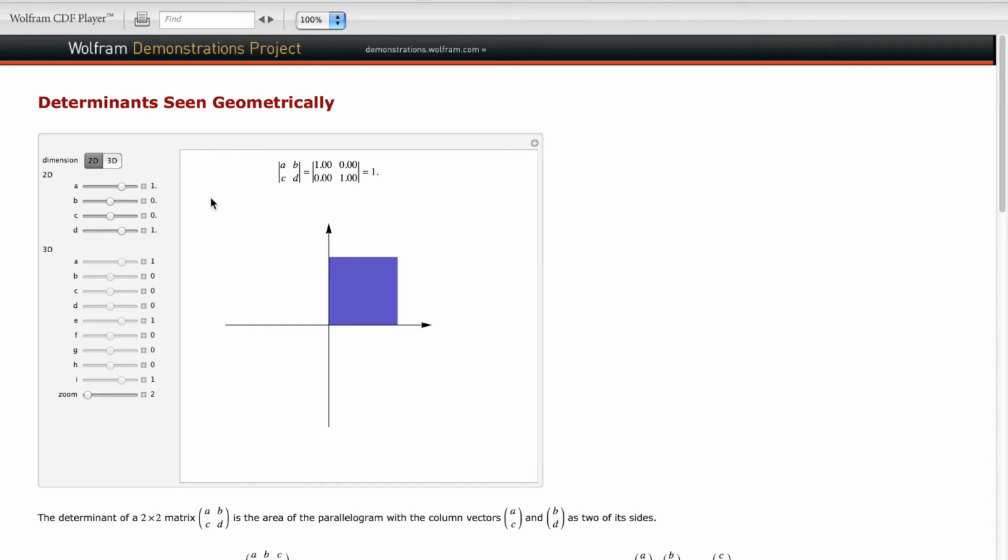The determinant of a matrix also has a geometrical interpretation as the area spanned by the row vectors of the matrix, in this case 1, 0, and 0, 1. If we change these values here, we can change the area of the parallelogram, and with these off-diagonal terms we can add skew.